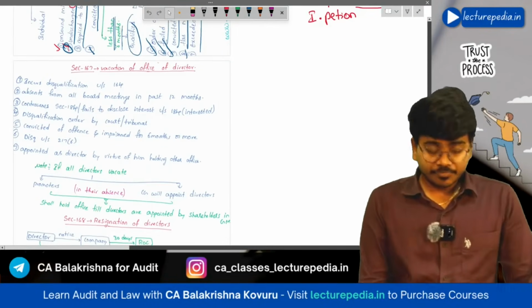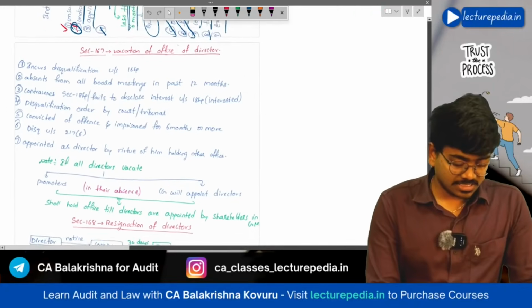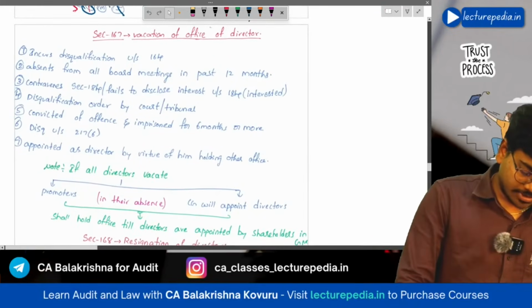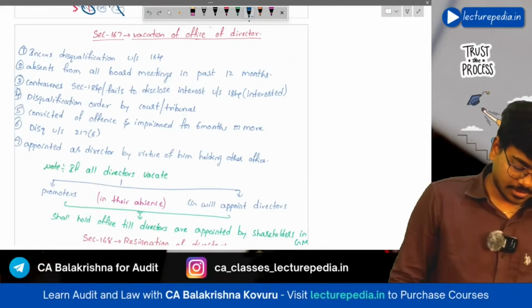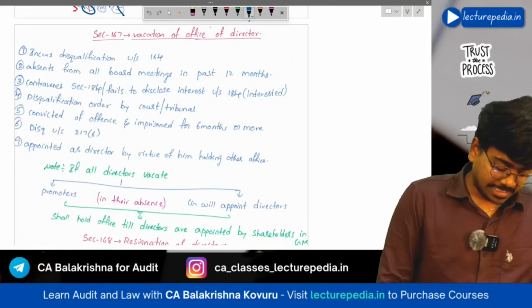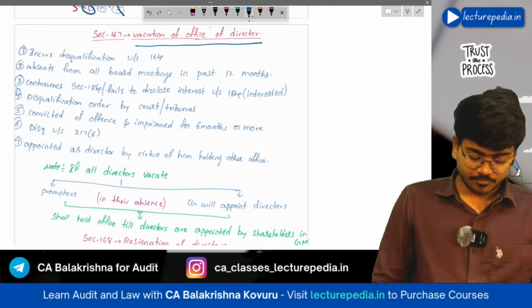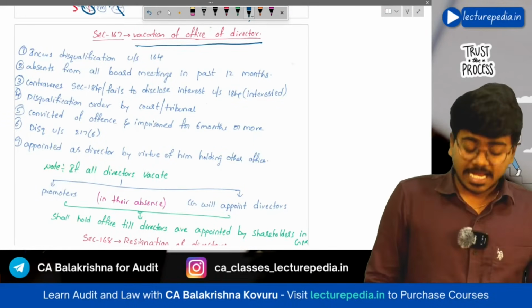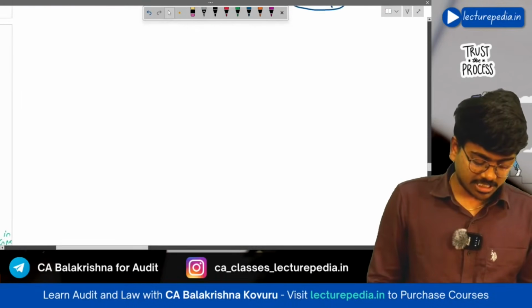Now moving to section number 167. If you see section number 167, it deals with vacation of office of director. What is the difference between section number 164 and section number 167? Let me explain.